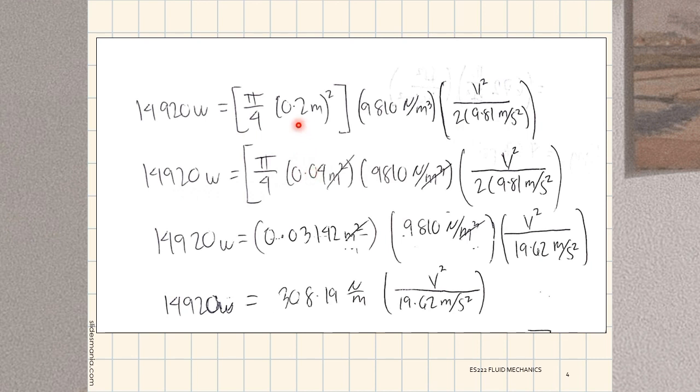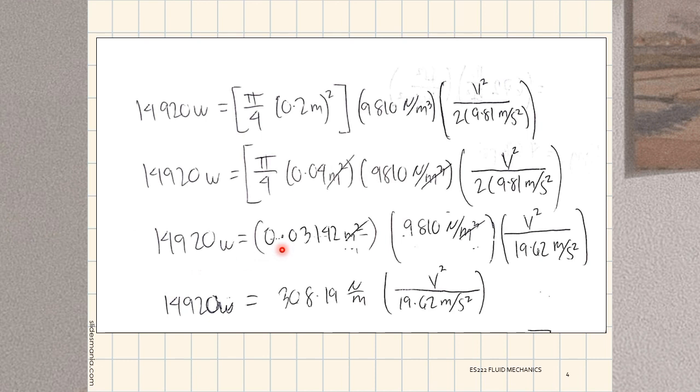So we are going to multiply 0.2 meter times 0.2 meter, which is 0.04 meter squared, so pi over 4 times 0.04 meter squared times 9,810 Newton per cubic meter, and multiply to V squared over 2 times 9.81 meter per second squared.